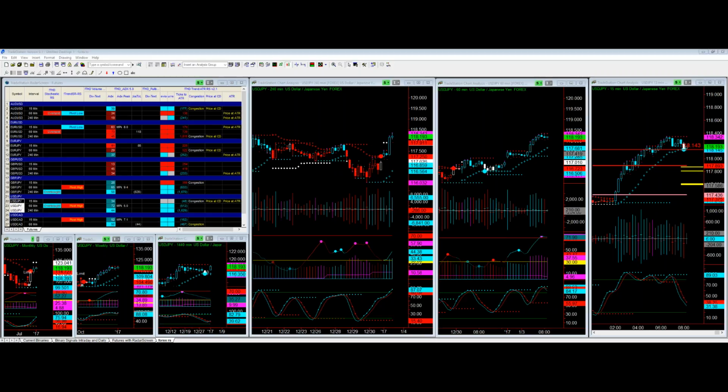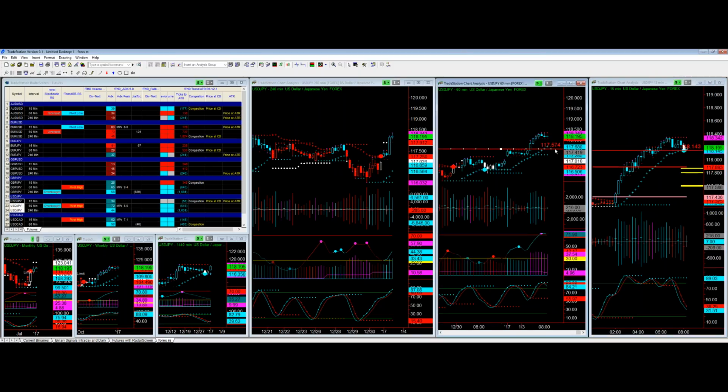This means that more than likely it's going to flip this ATR. And if it flips that ATR and I'm long, that means I'm going to have a negative trade. Does everybody understand that?